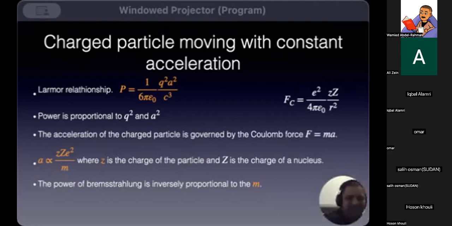Although we're increasing the Z, and we're happy about that, the mass is 4 times the mass of a proton. So it's 1/16 of what a proton could produce, and with the Z, it's about 1/8.